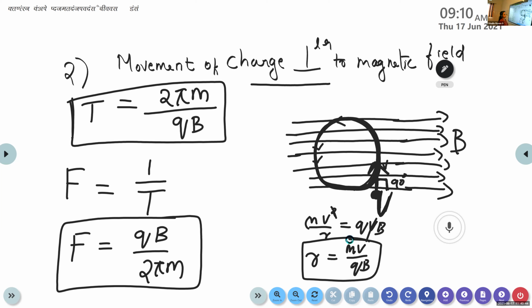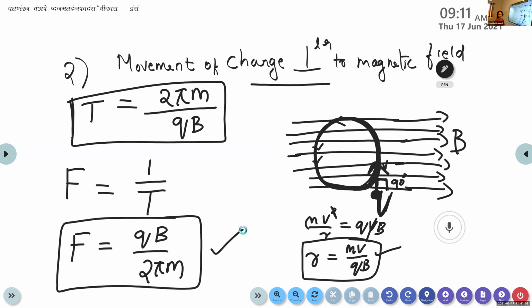Here the distance is the circumference of the circle, that is 2πr divided by v. Then we substitute the value of r into that equation. So we get T = 2πm/qB. And if we know the value of the time period, we can calculate the frequency of that particle by taking the reciprocal of the time period. So we get f = qB/2πm. Is it clear?